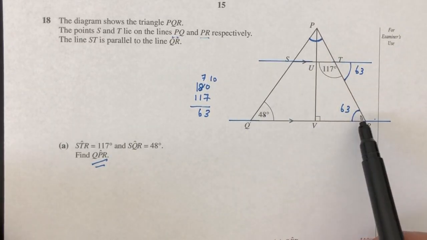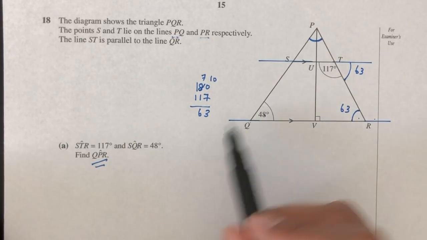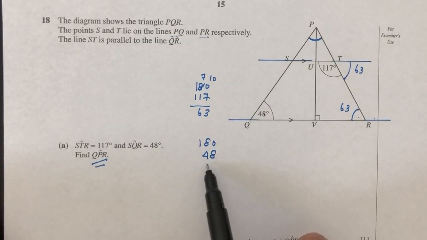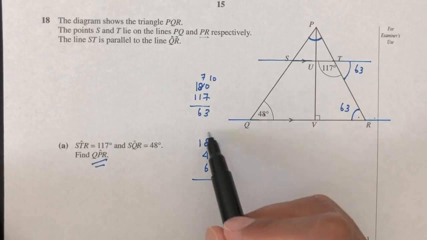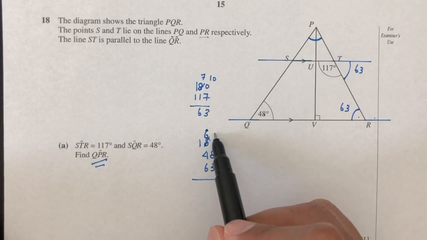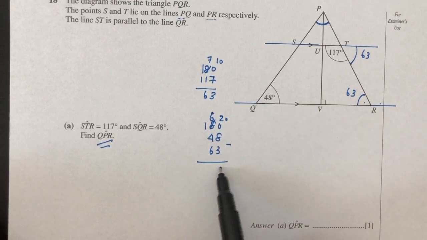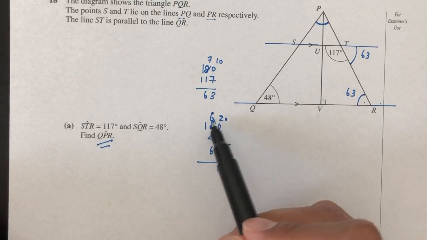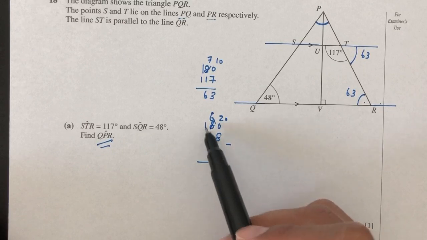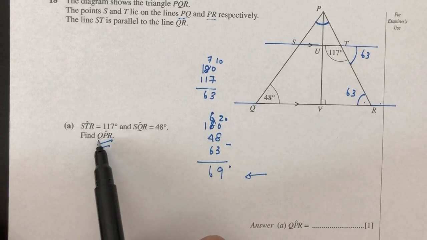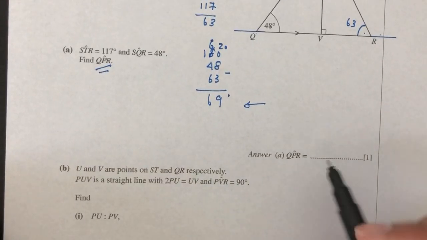We have this angle and this angle, so we can find this angle. This angle will be 180 minus 48 minus 63. That will be 69. So the value of QPR is 69.